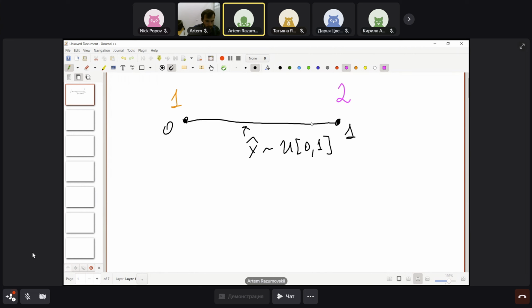And then each agency can pick the topic space from 0 to 1.